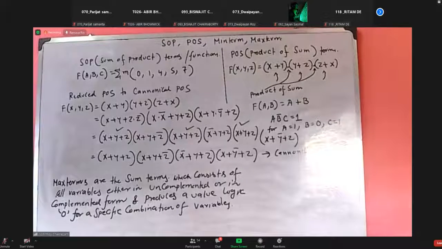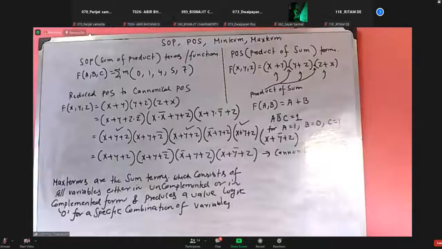Okay, so max terms produce logic 0. So for what value of x, y, z will x plus y plus z be 0? Tell me, for 0 0 0 the term will be 0.